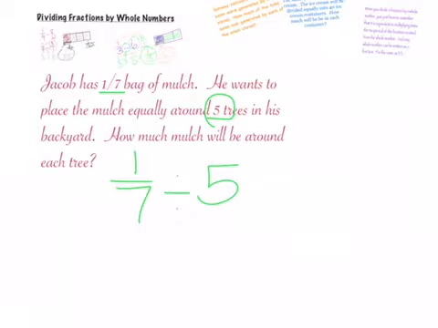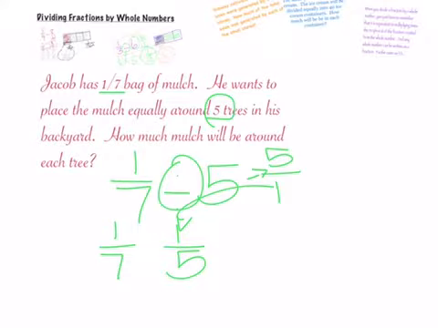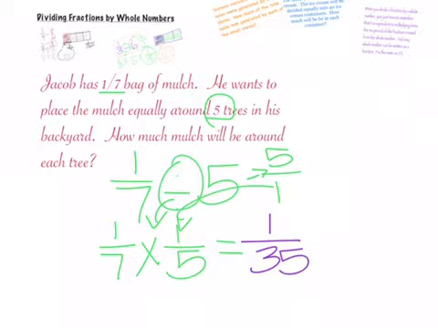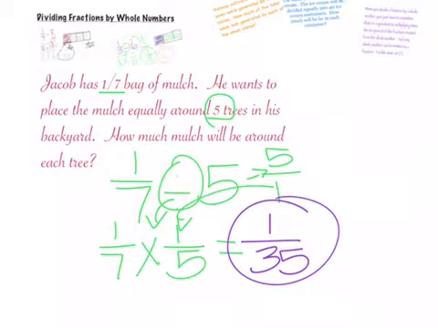But remember, we want it to be fractions, so we're going to do 1/7, and we're going to do 5 over 1, but we have to do the reciprocal, so we'll do 1 over 5, and division sign is going to turn to multiplication sign. So we're going to multiply straight across like we normally do. 1 times 1 is 1, and 7 times 5 is 35. So he'll have 1/35 of the mulch around each of the 5 trees.